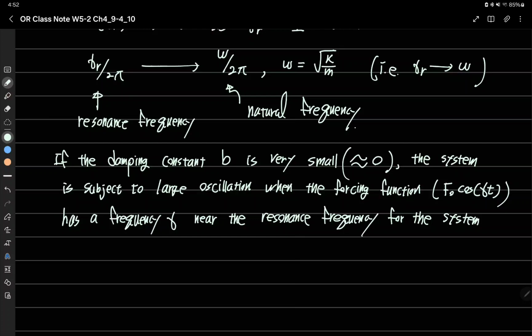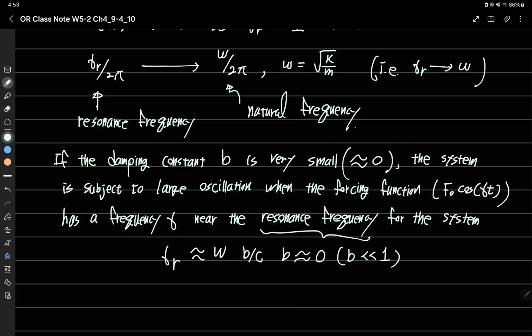Okay, so the forcing function has frequency gamma near the resonance frequency, which means this is approximately the natural frequency. This is the resonance frequency, and omega is the natural frequency. Why is the resonant frequency approximately the natural frequency? Because we suppose that b is very small, almost zero, or we can say b is a really small number.